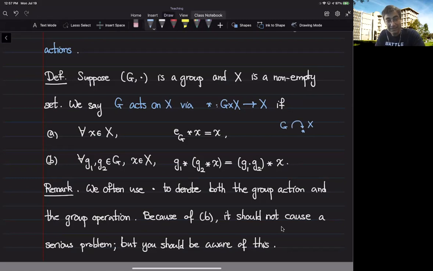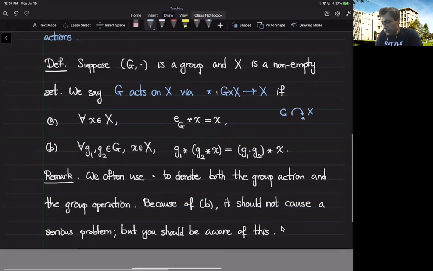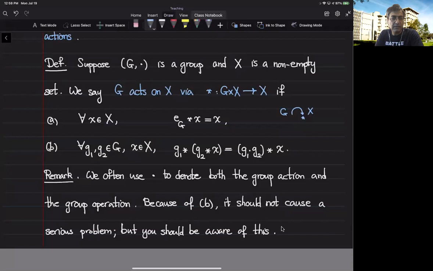Okay, now let me also point out that often, maybe earlier in this course, later in this course as well, but in more advanced texts, we use dot for the group action.